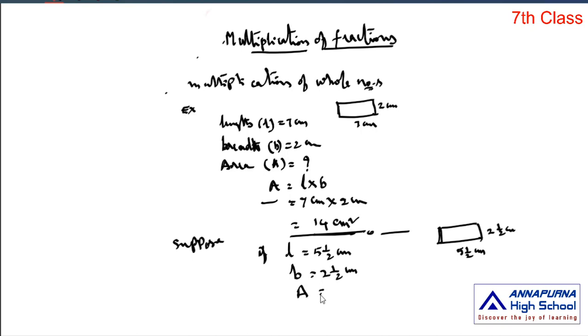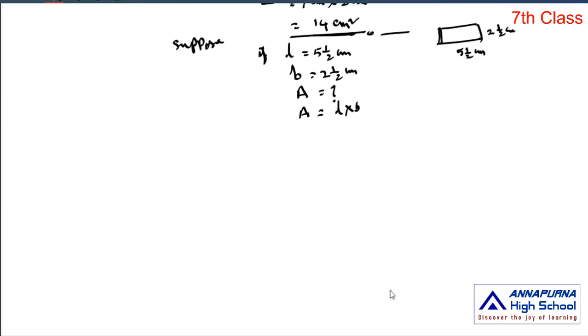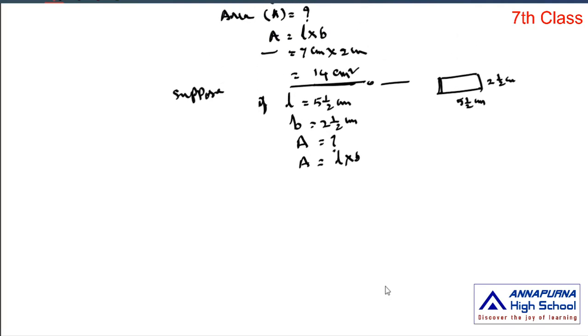Suppose to find the area, what is the formula we used? L into B. Same, L into B. Therefore, what is L here? 1 by 2 centimeters into breadth, 1 by 2 centimeters.